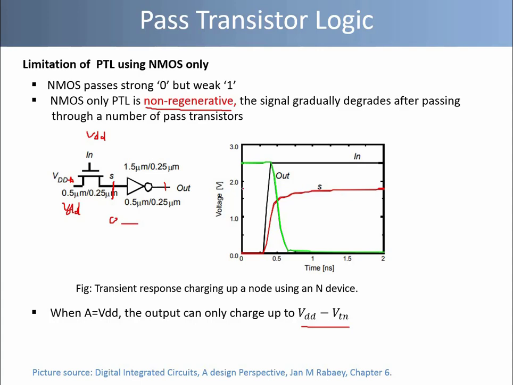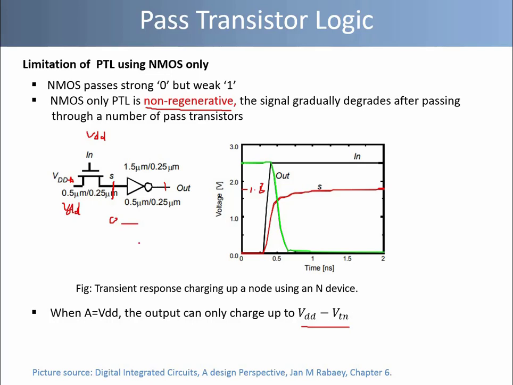The maximum value of this curve is about 1.8, which is equal to VDD minus VTN, assuming VDD equal to 2.5 volt and VTN equal to 0.7 volt. So this situation demonstrates that NMOS only pass transistor logic is non-regenerative.